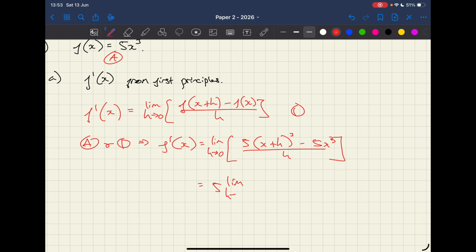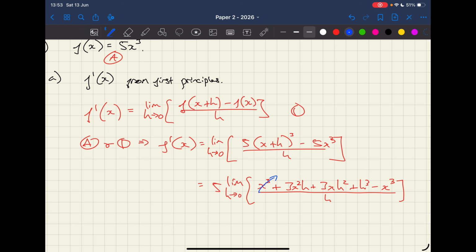And then the limit as h tends to 0. Expanding this bracket out, what do we get? x cubed, and then we're going to have 3x squared h plus 3x h squared plus h cubed. Take away still the x cubed on the end. And this whole thing is still over h.